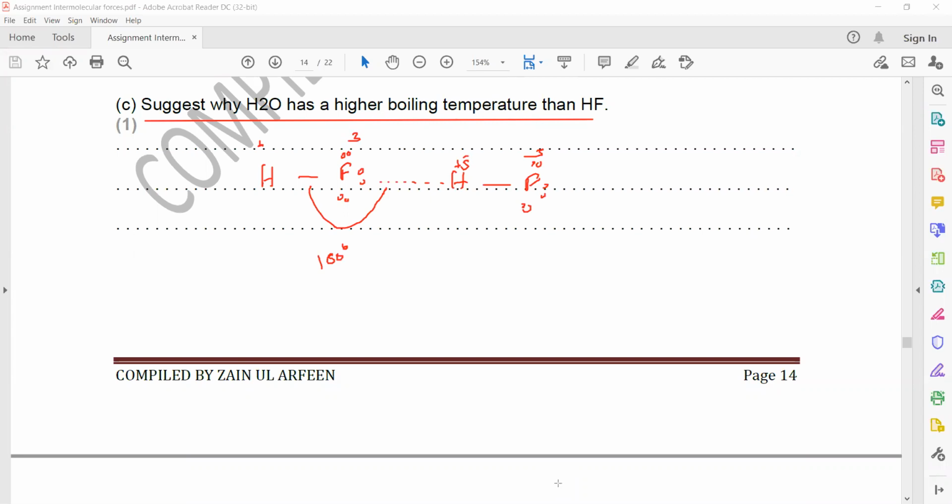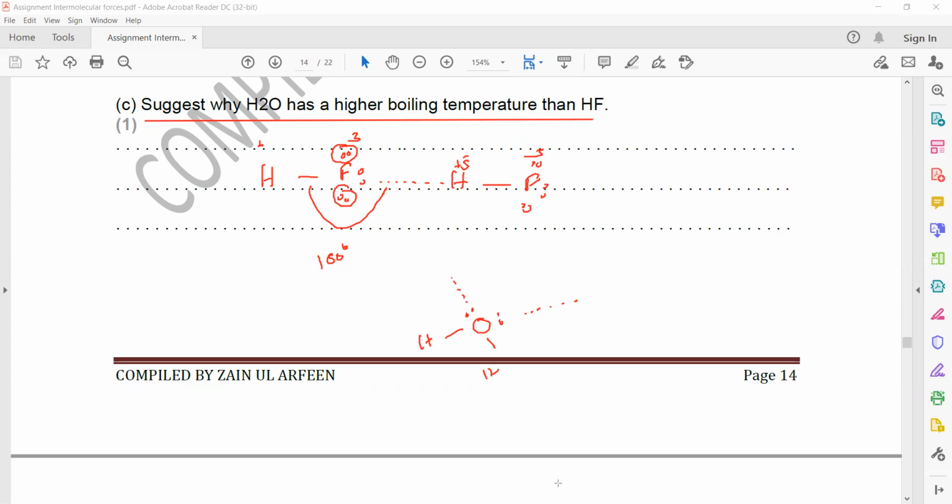But what happens in the case of water, H2O, which has two bond pairs and two lone pairs, so this can form hydrogen bonds as more hydrogens are available. Why can the molecule not form a hydrogen bond with these lone pairs in HF?